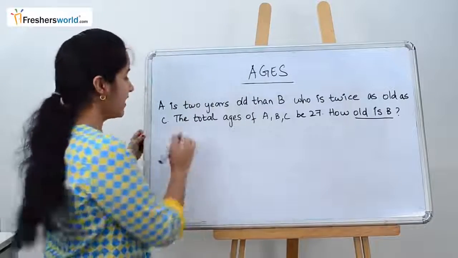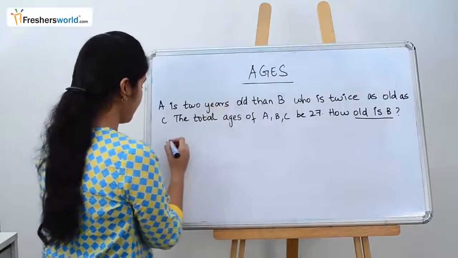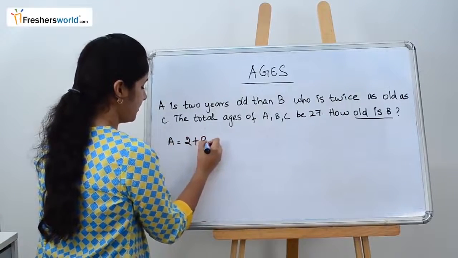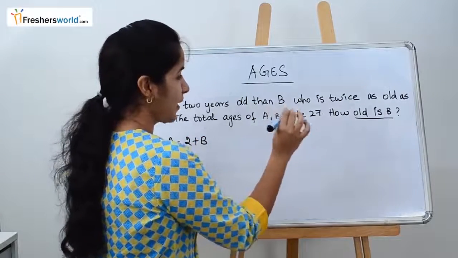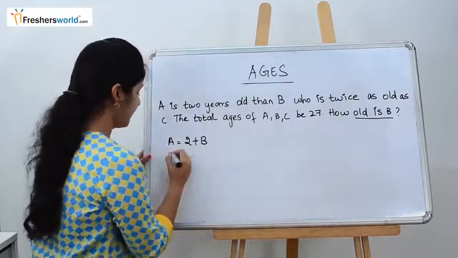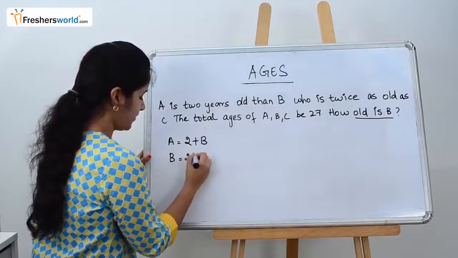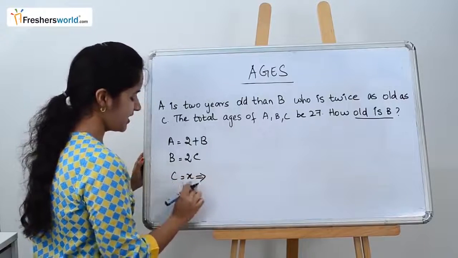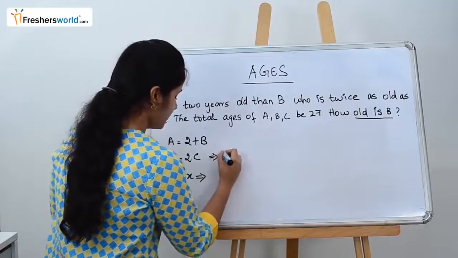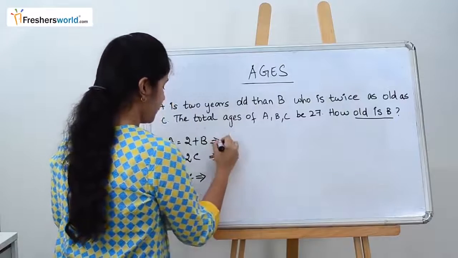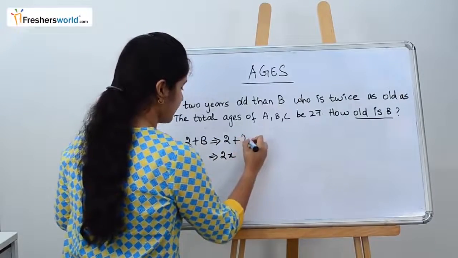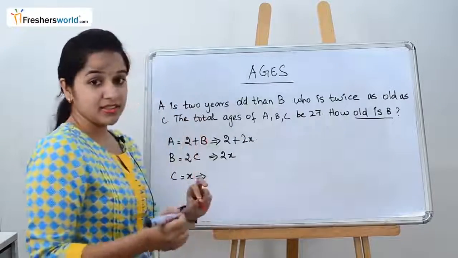A is 2 years older than B. B is twice as old as C. So we can take C as x. If C is x, then B becomes 2x and A becomes 2 plus B, which is 2 plus 2x.